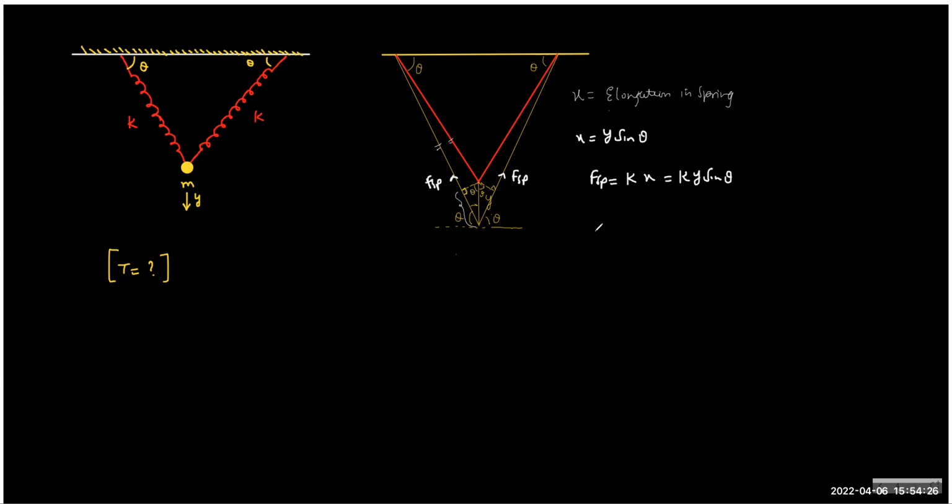Because they are acting in different directions, what is the net restoring force? I can see clearly it's 2 F something. Cos or sine? Sine theta. Correct. It is 2 times k y sine theta into sine theta, isn't it?